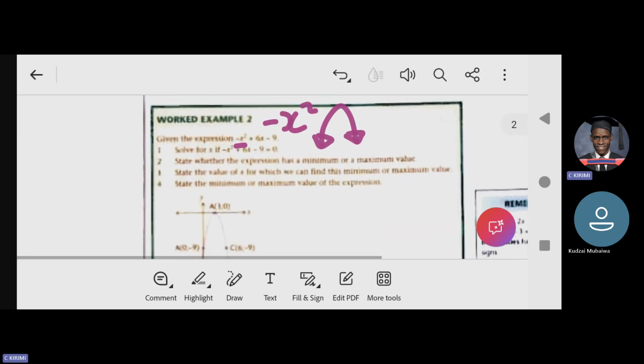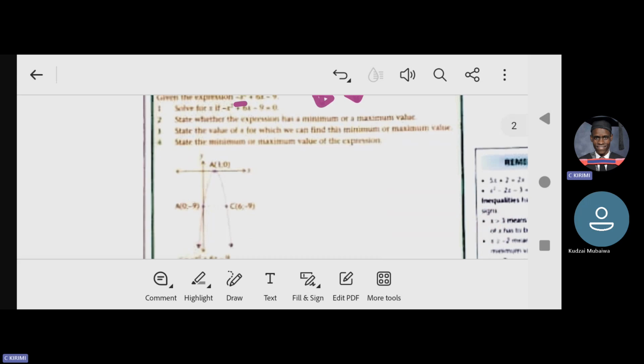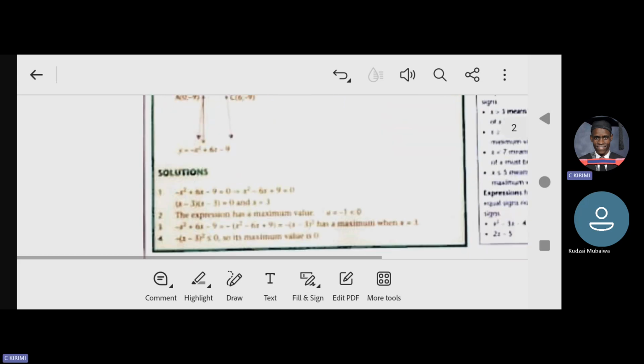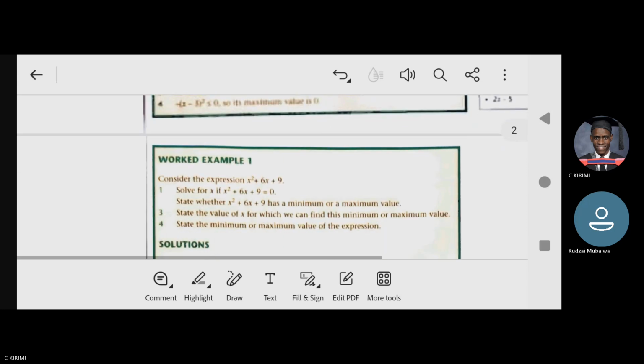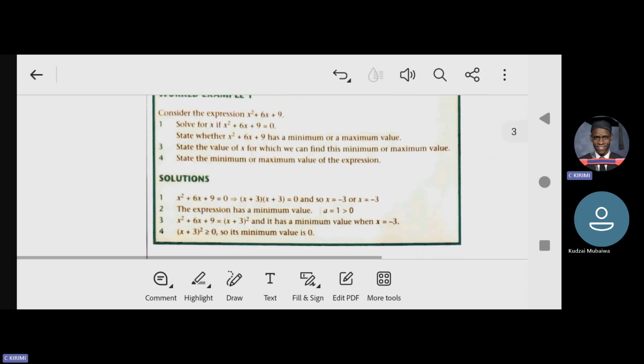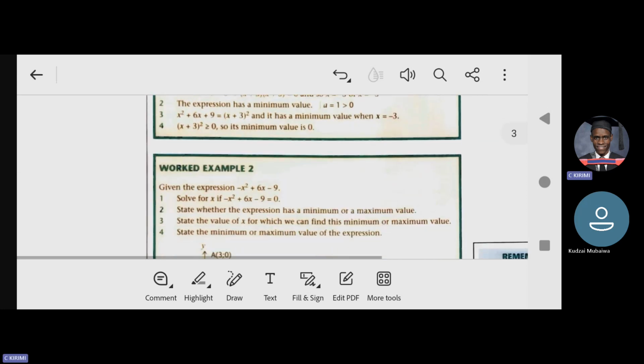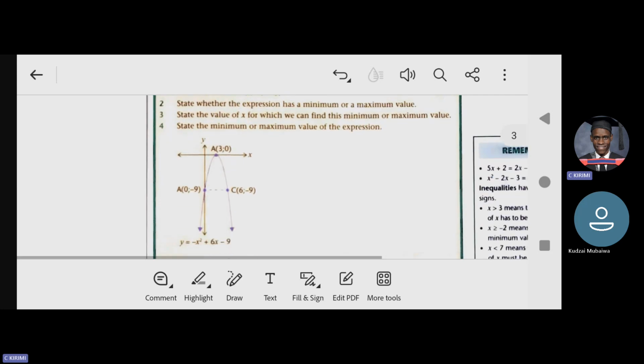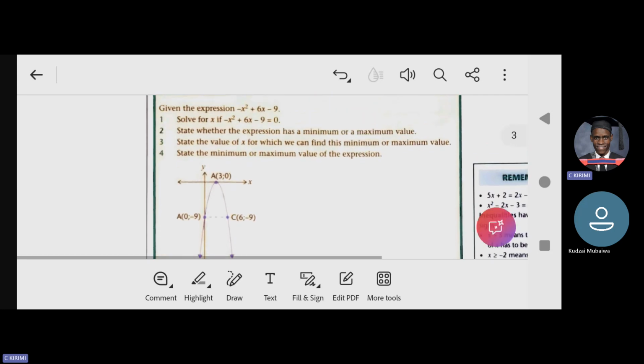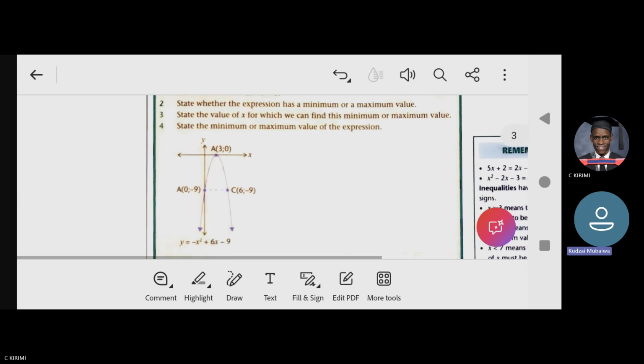Okay, we are just solving for the first part, which is number 1. For x, we are just solving for x. Okay, the worked example, solving for x. Then for example 2, we are seeing it's facing downwards. Are you seeing it here? Yes, sir.